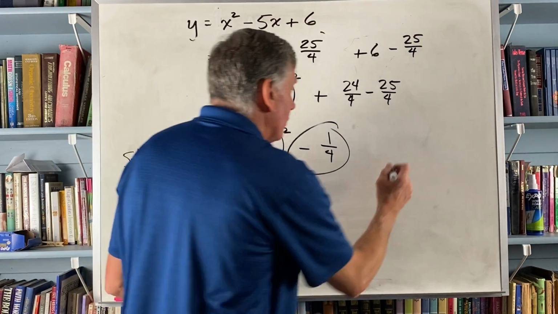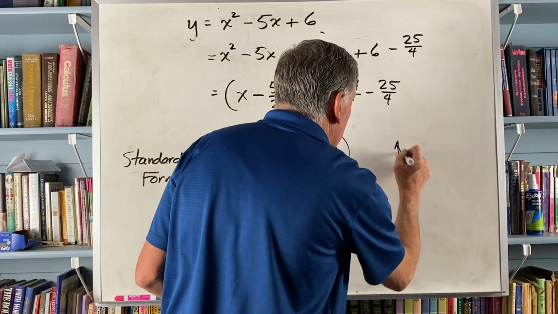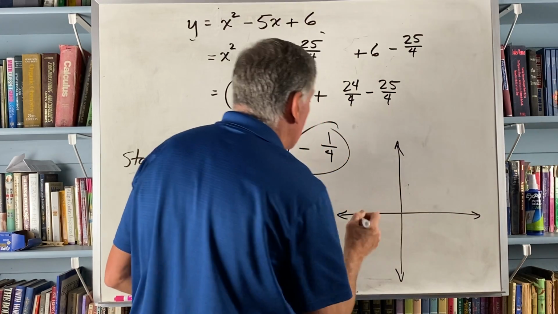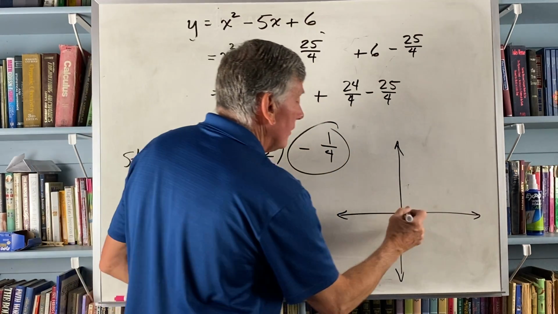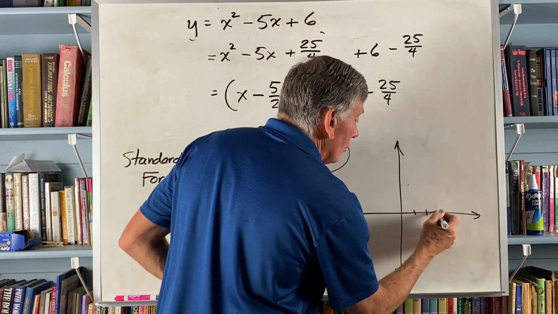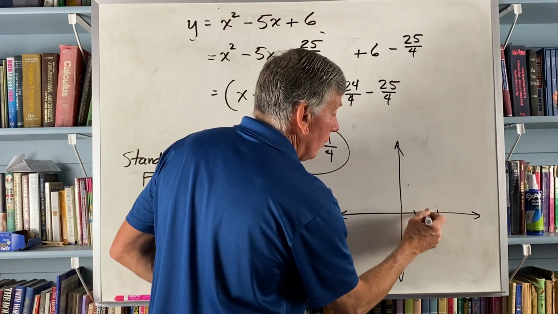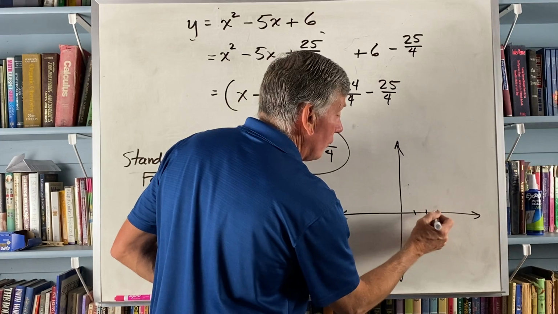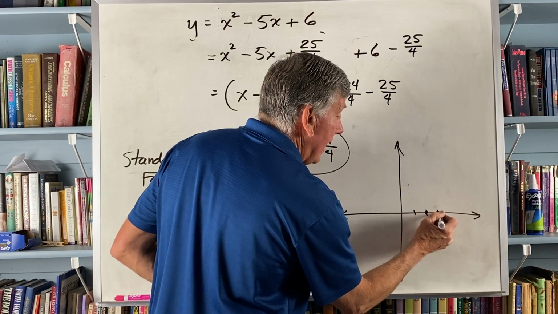Now we can graph. We know that our roots said that we went through the x-axis at 2 and at 3, so there's that.